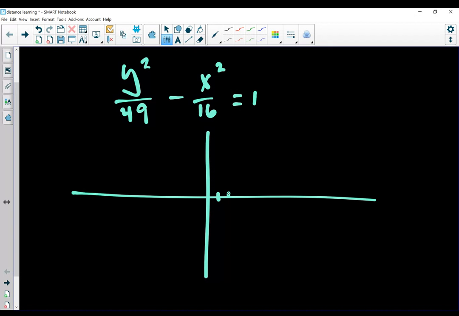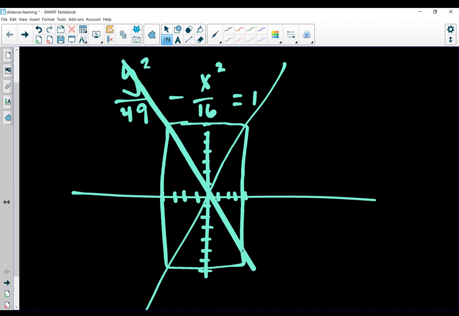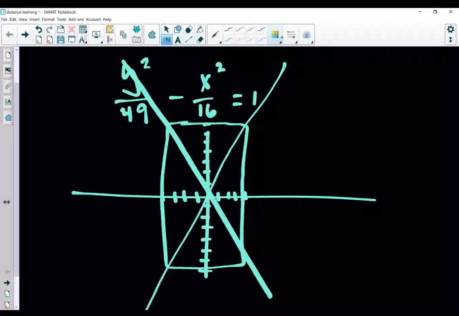I move my way over 4 because that's the square root of 16, and up 7, down 7. And I make my box, and I draw my asymptotes. So everything is drawn the same thus far.